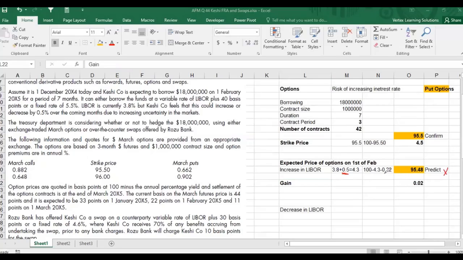Or maybe there are not 22 bases. We are just assuming that bases will remain there. If you see 44, 33, 22, 11, we are assuming that.